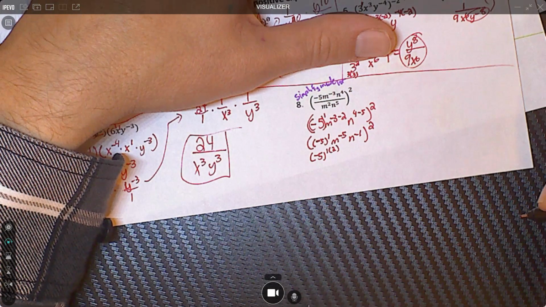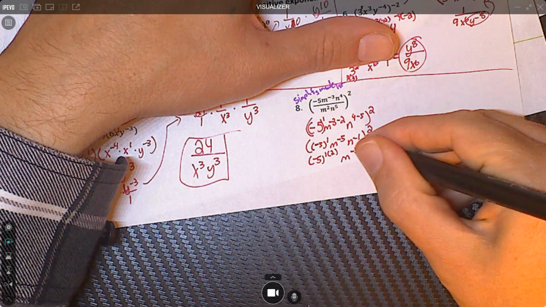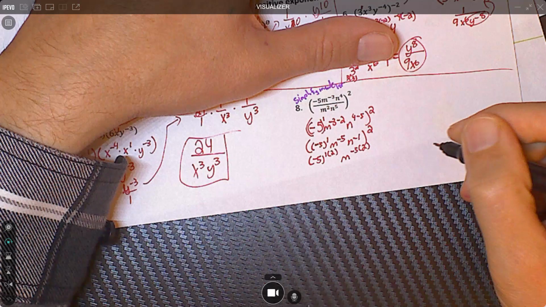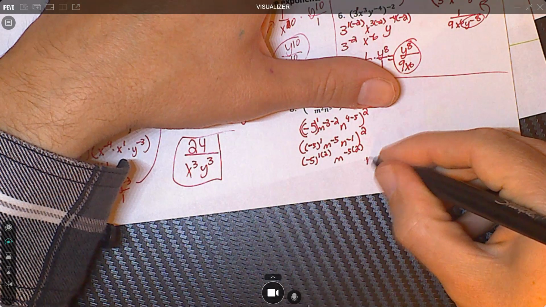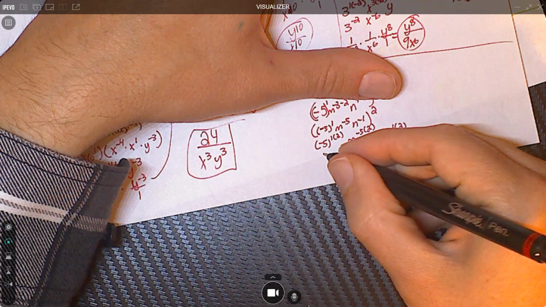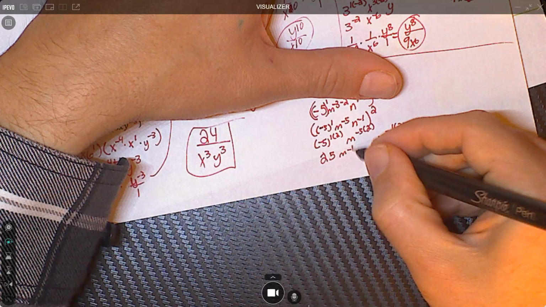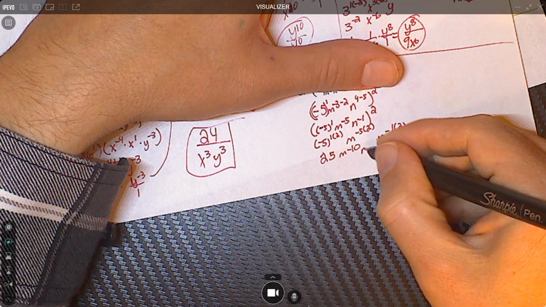And again, I'm using parentheses, because there's parentheses right there to let you know, hey, I got to multiply those exponents. So it gives me 25 m to the negative 10th, n to the negative 2.